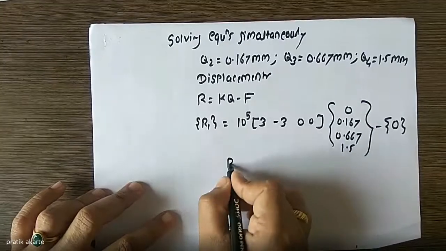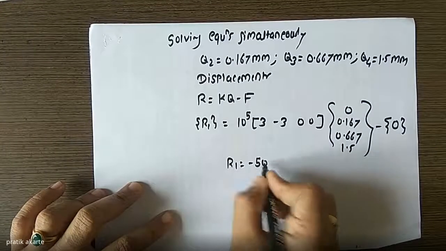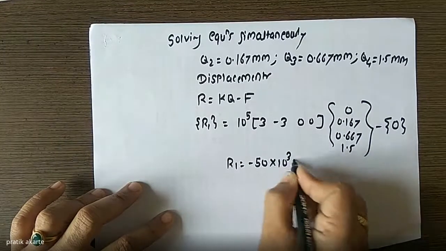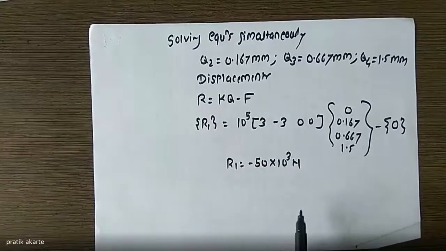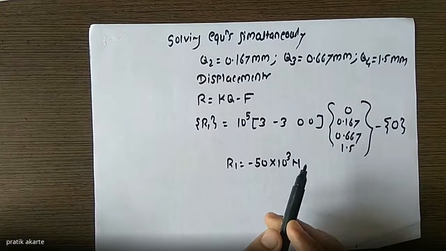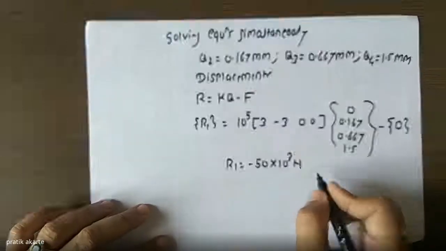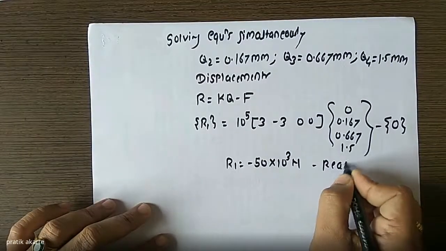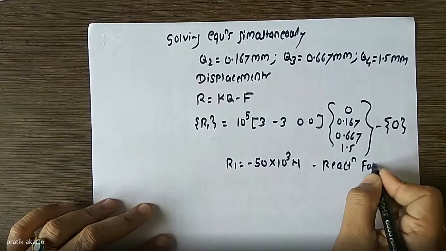So R1 comes out to be minus 50 into 10 raised to 3, which proves an equal and opposite reaction at node number 1. So this is the reaction force.